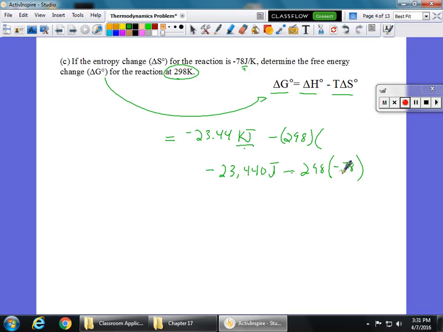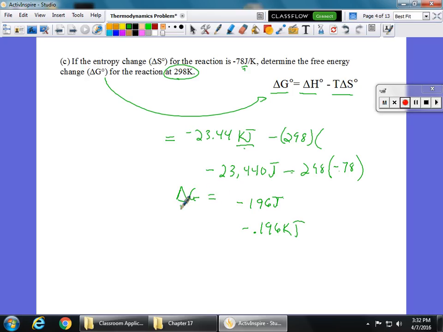So if we multiply this out, negative 78 times the 298, that's going to leave us with a total of negative 196 joules, or negative 0.196 kilojoules. That's going to be our delta G.